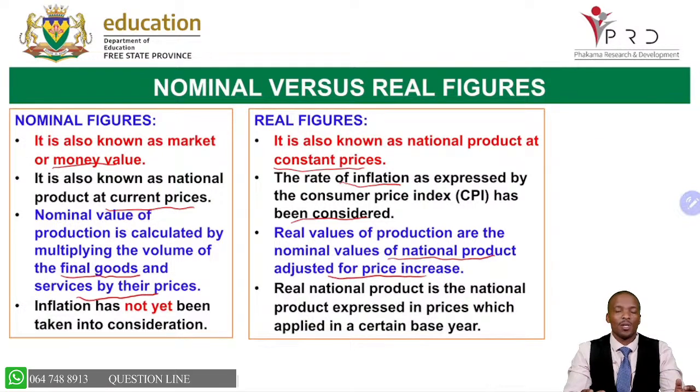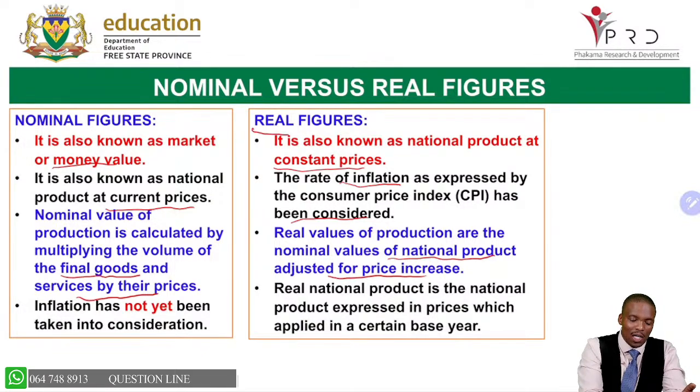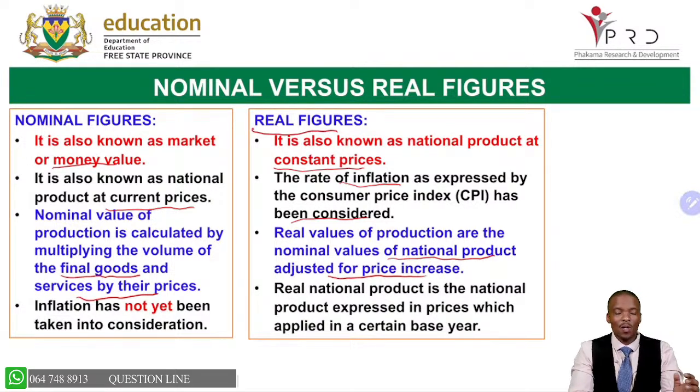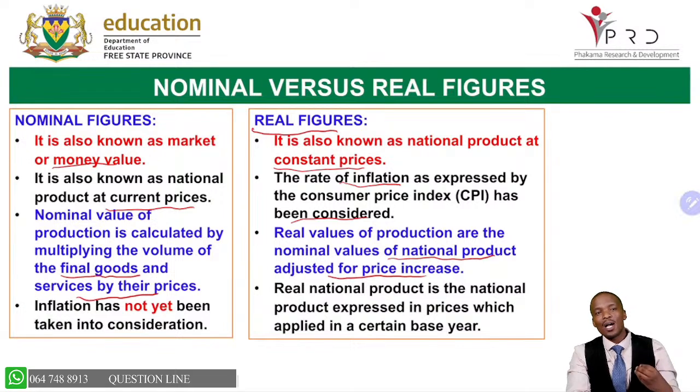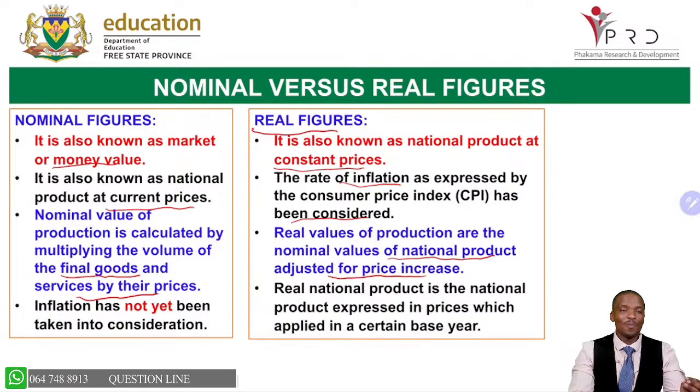Sometimes we ask you this way: which one do you think we are going to prefer here as economists when we are calculating GDP? We're going to be focusing on what we call the real values, but we're not going to tell you real values. We are going to ask you, why do economists prefer constant prices to current prices?